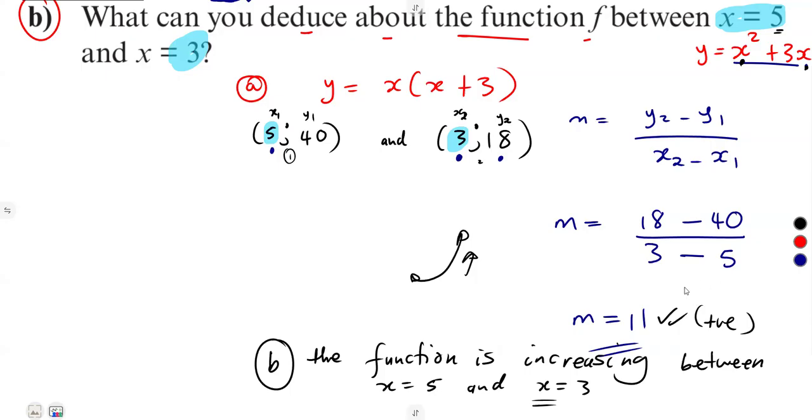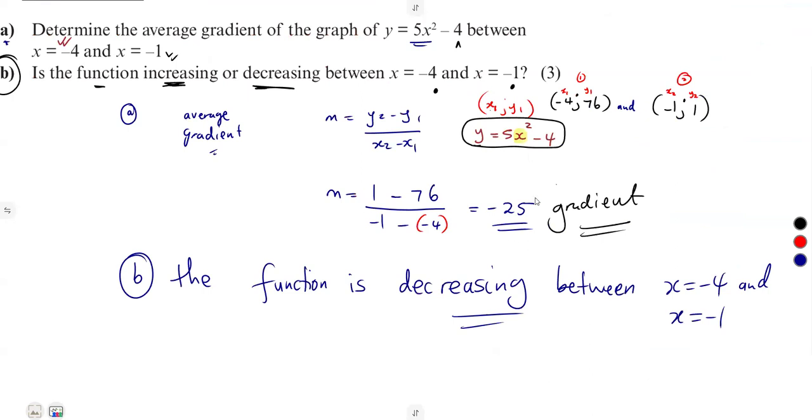So that is increasing because the gradient is positive. When the gradient was negative, like what we saw here, it means between the values of x, at that moment, that function was decreasing. So that is the condition of an increase and a decrease. You take it straight as it is.